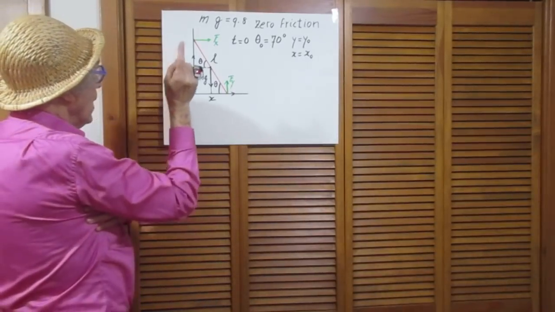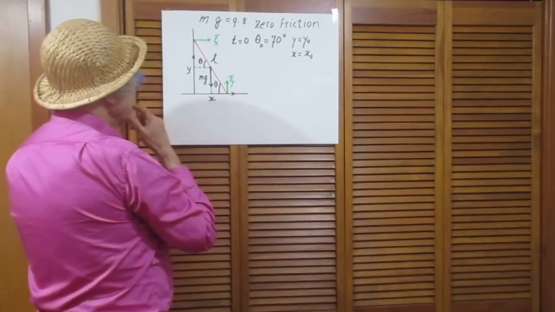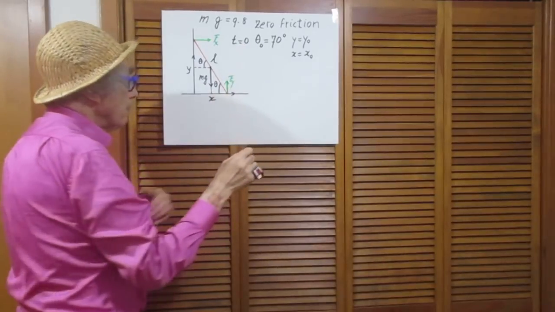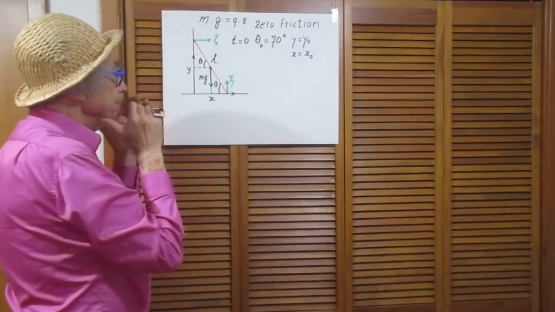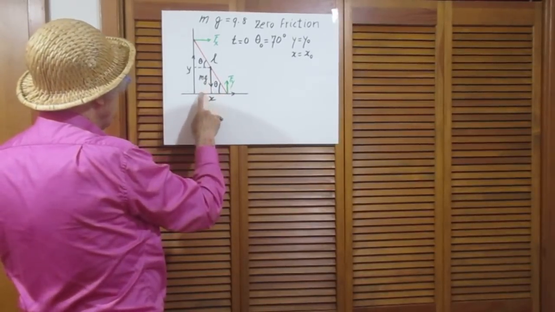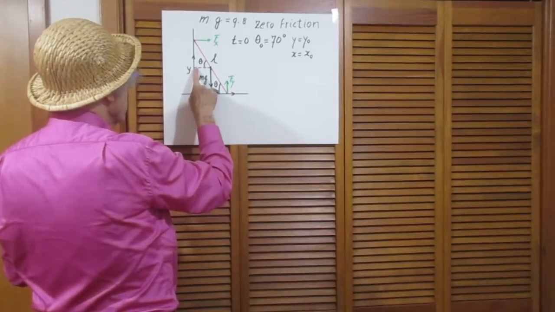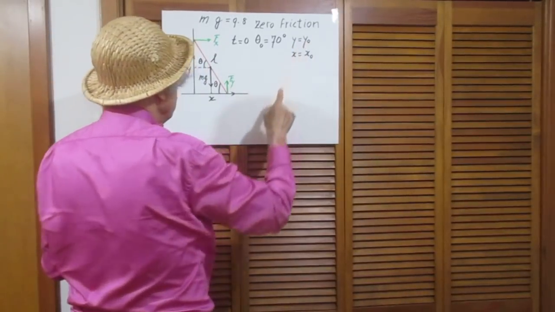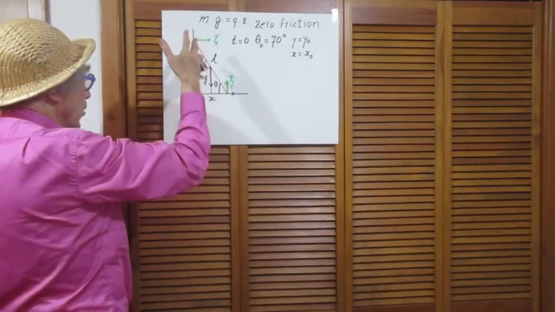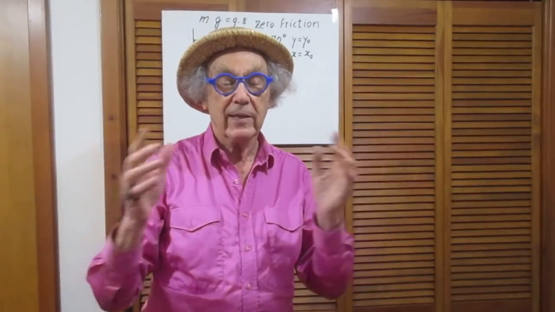Now, I make this angle theta 70 degrees. And at time equals 0, I let it go. X then is at position x0, and y then is at position y0. I let it go, and of course it's going to slide, because there's no friction to prevent sliding.